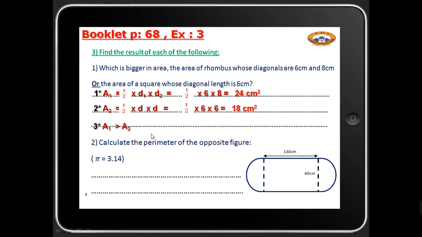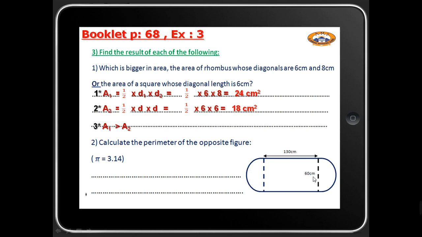Another one, calculate the perimeter of the opposite figure. Look at the figure carefully, analyze it, and figure out what this figure is composed of. I see here this is a circle, but he divided it into 2 parts, and between this circle I have 2 sides. This is the sum of the outer line shape, so I have to get the circumference of this circle, and its diameter is going to be 60 centimeter.